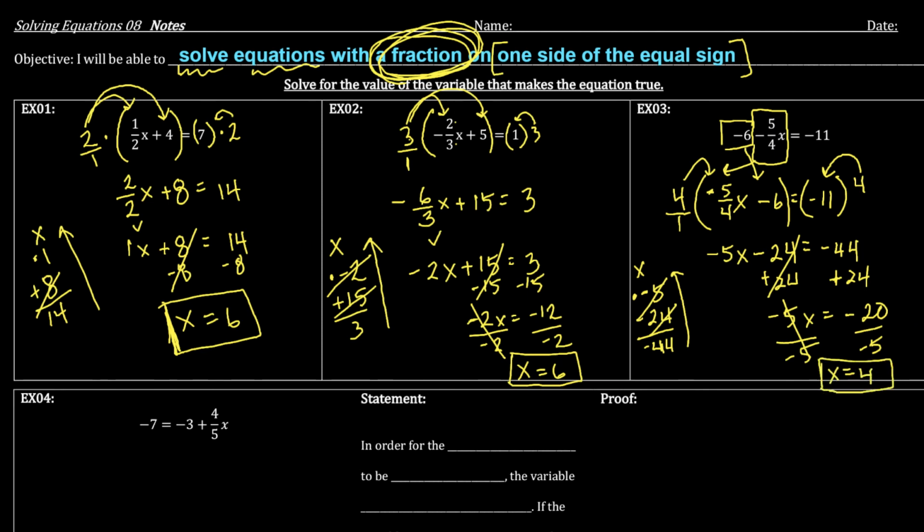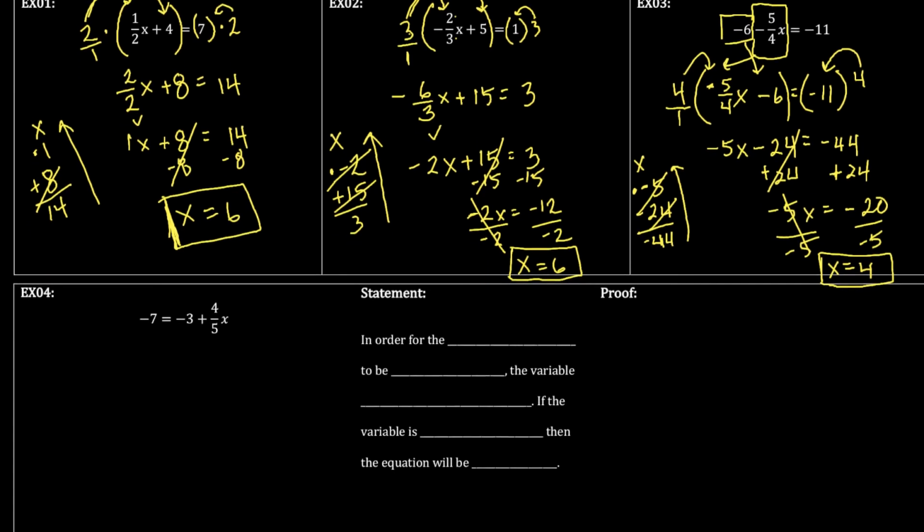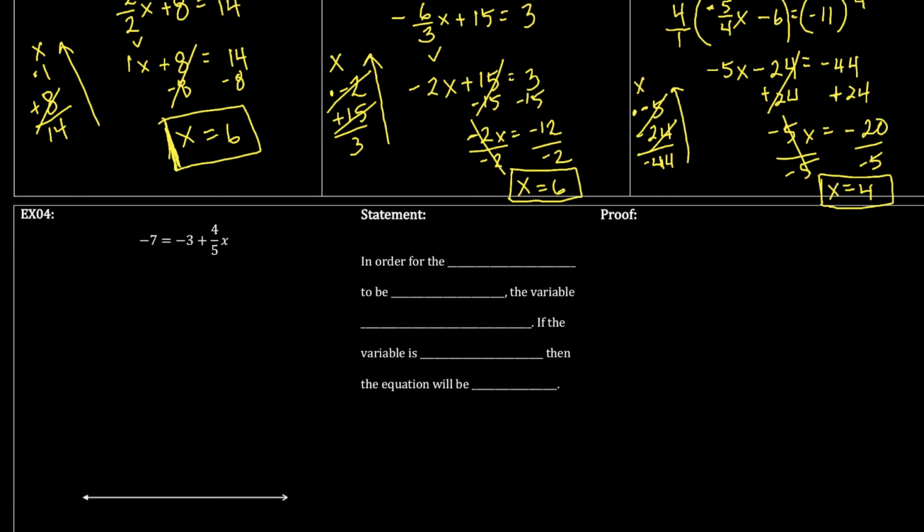Okay, so let's try. Oh, we haven't had any negatives yet. Let's see if we get one on this last one. So I don't like this. So I'm going to move this side over here and this side over here.